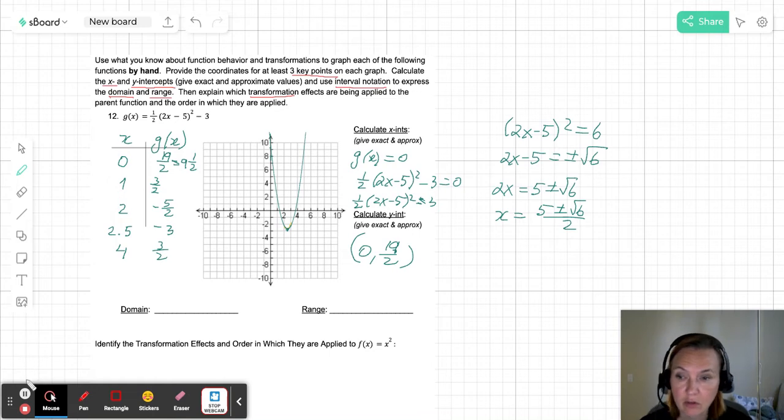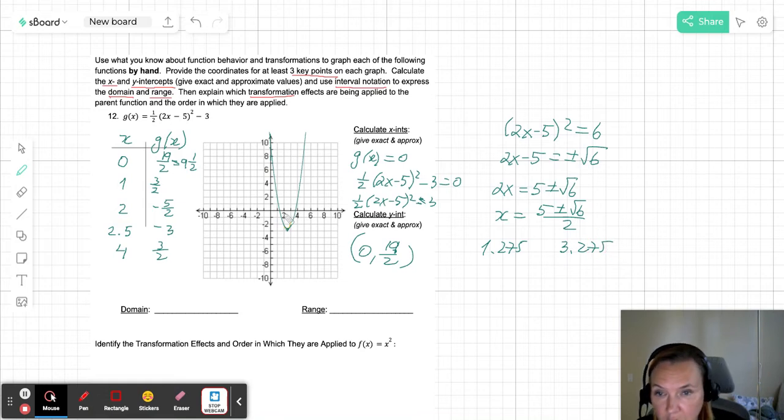We can plug those values into the calculator, and then we can get the approximate values for the x-intercepts. Those values are 1.275 and 3.725.